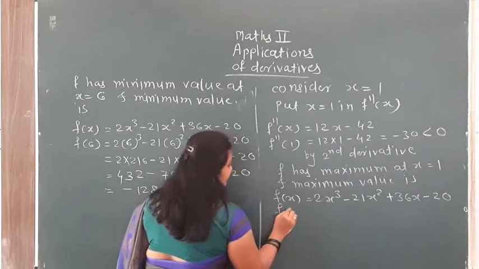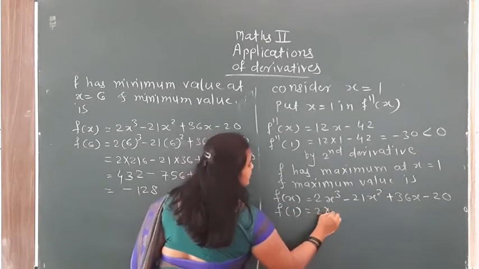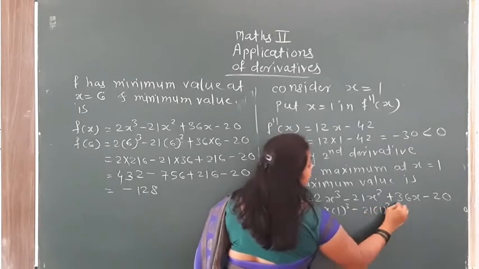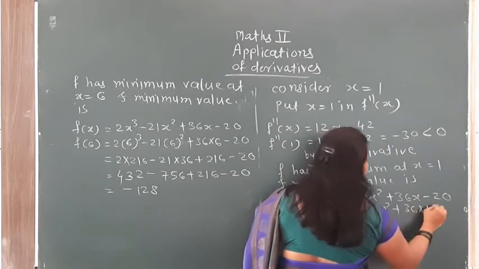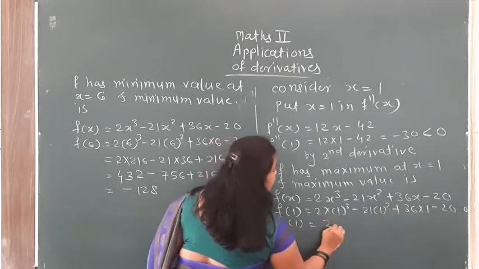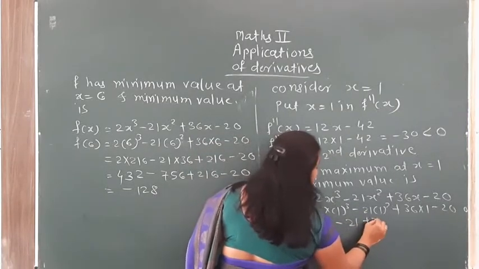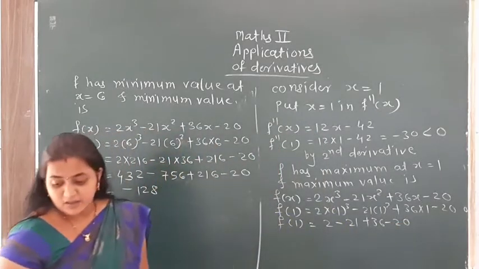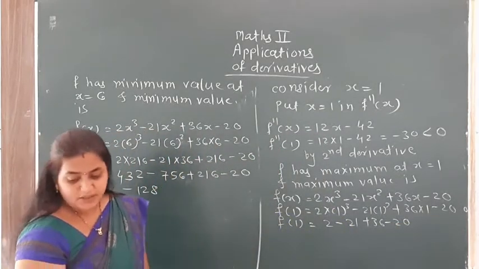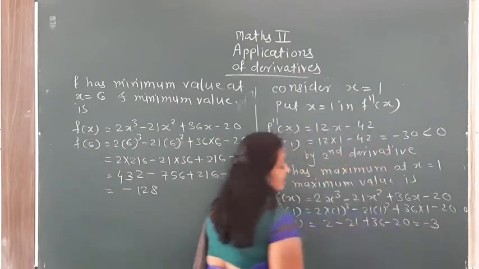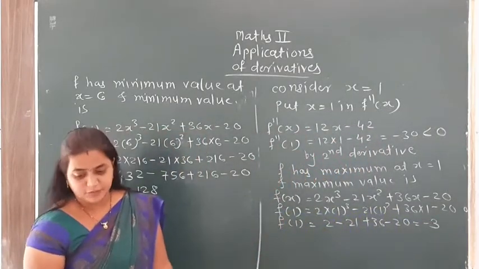Substituting x is equal to 1: 2 multiplied by 1 cube minus 21 times 1 square plus 36 multiplied by 1 minus 20. So f of 1 is equal to 2 minus 21 plus 36 minus 20. Simplifying, we get minus 3, which is the maximum value.